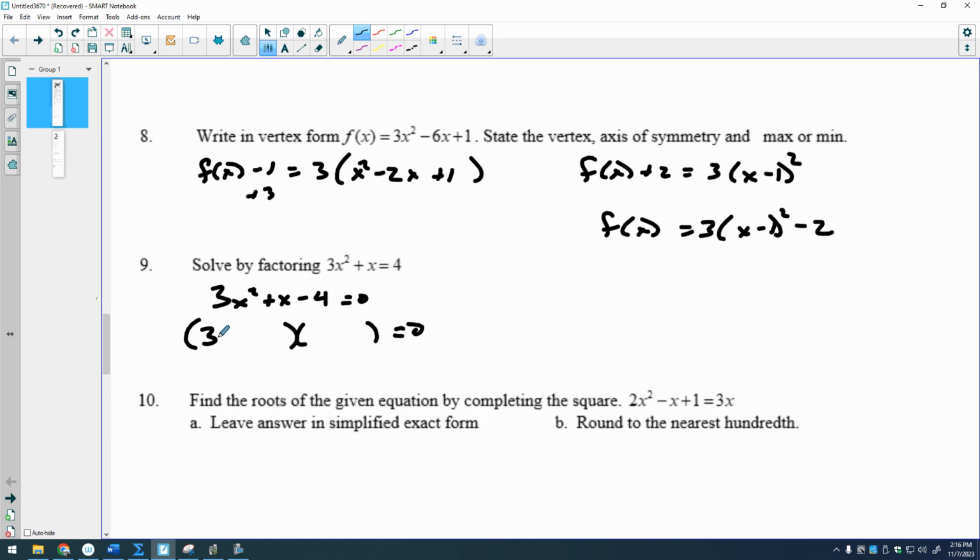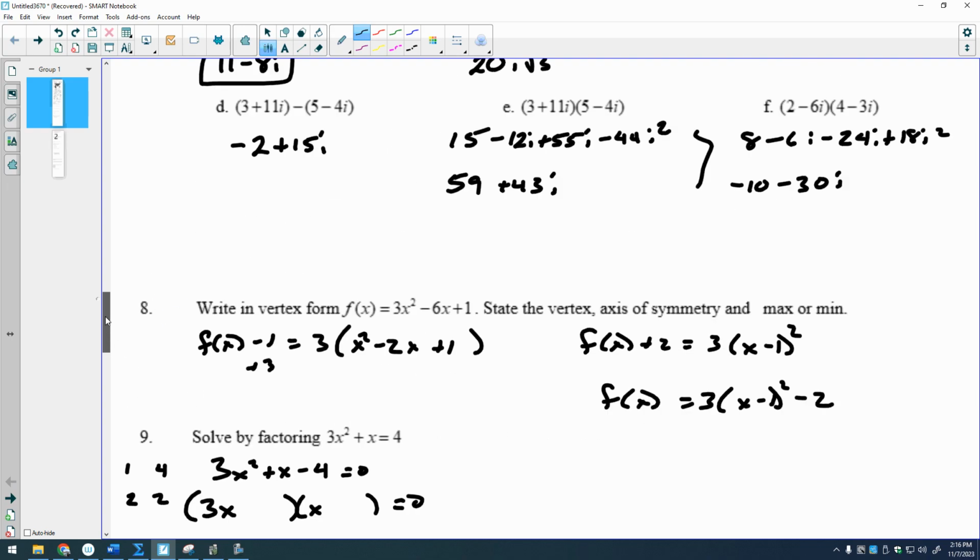Factors of 3x squared are 3x and x. Factors of 4: 1 and 4, 2 and 2. This is negative, so I'm going to subtract the product. Notice I didn't say just subtract these two numbers to get 1.